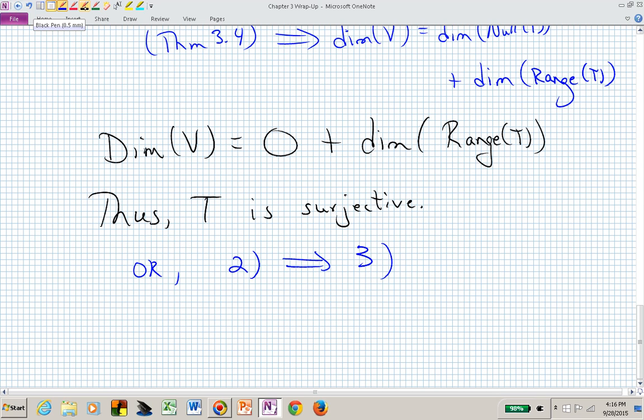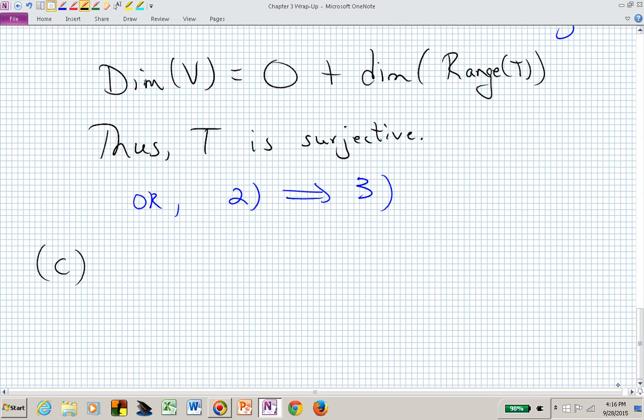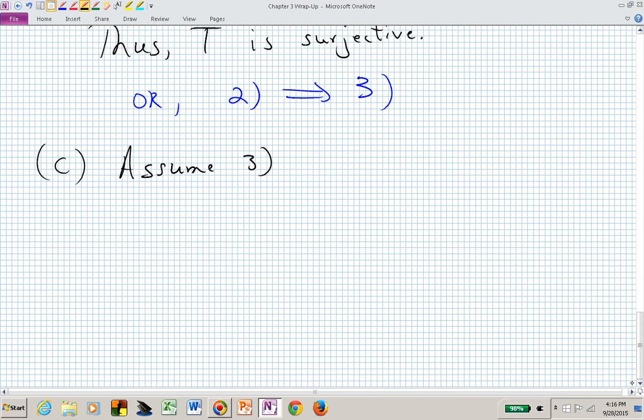And finally, if we go to the third part, or part C, we need to assume 3, and show that 3 implies 1. If we now assume 3, if our map is surjective, what does that tell us?